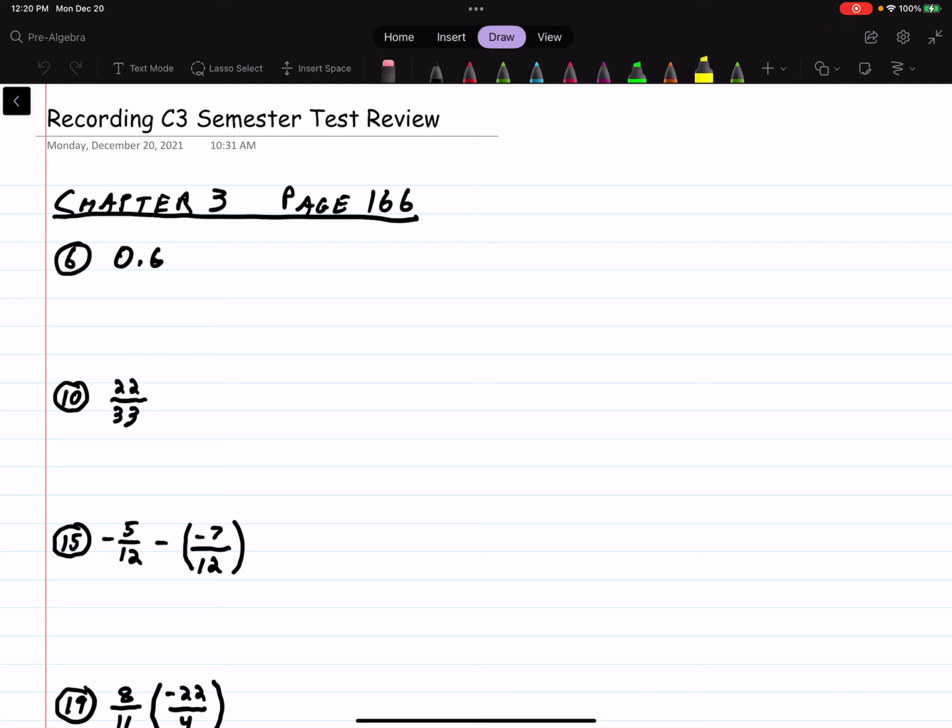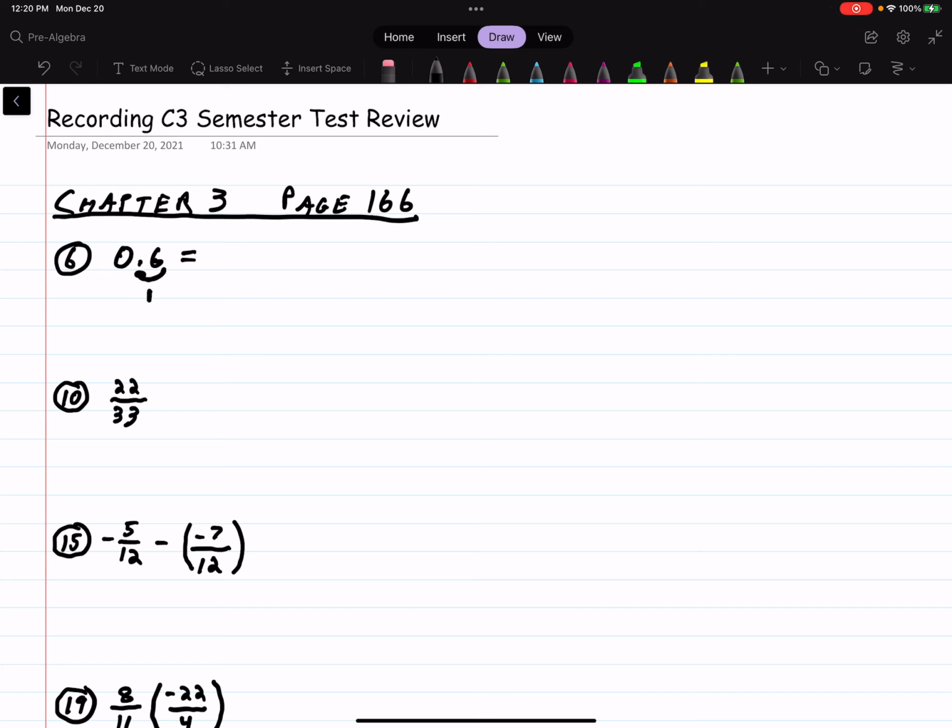Now we're going to do the Chapter 3 review problems on page 166. Starting off with problem number 6. We're supposed to write this decimal as a fraction. Simply to do so, when you have decimal places, you just count how many decimal places there are. In this case, 1.